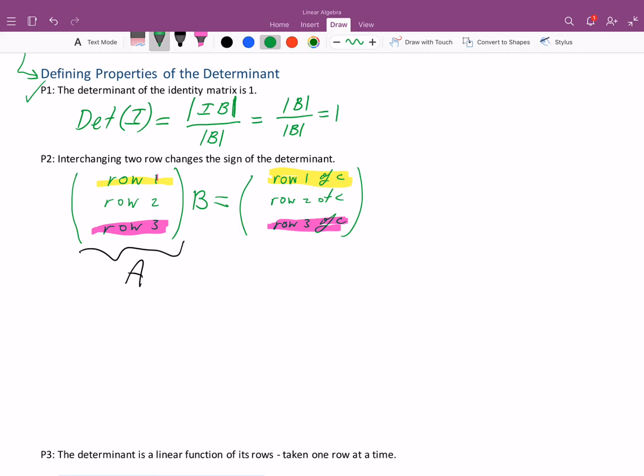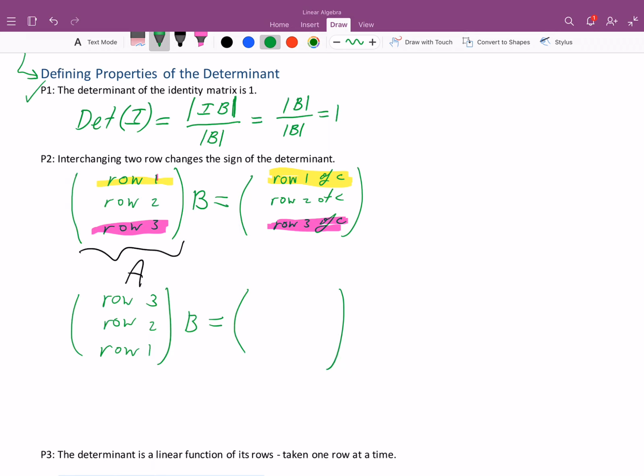And so if I were to interchange those, if I were to put the old row 3 as row 1, keep row 2 the same, and put the old row 1 as row 3, times B, that gives me exactly the same entries but in different positions.